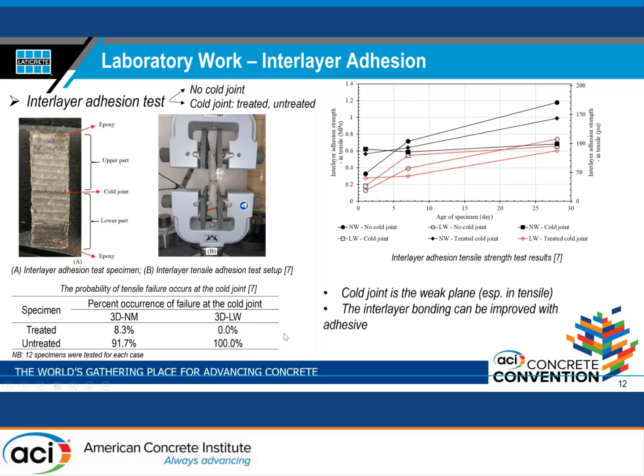So this means that indeed, when the cold joints are not treated, most of the failures occur at the cold joint. However, the bonding there can be improved by applying a thin adhesive on the surface before printing the second part here.